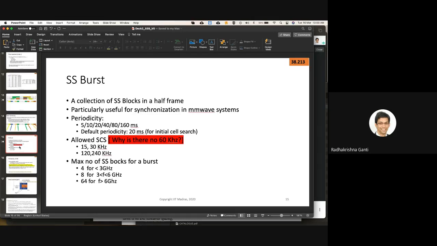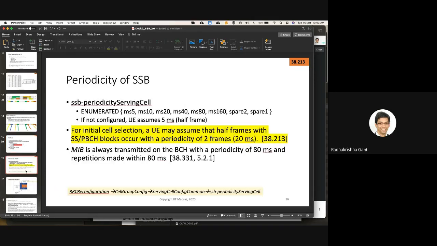The default periodicity for initial cell search, the UE assumes, is 20 milliseconds; if it just waits every 20 milliseconds, at some point it will get it. And we also saw the maximum number of SS blocks for a burst.